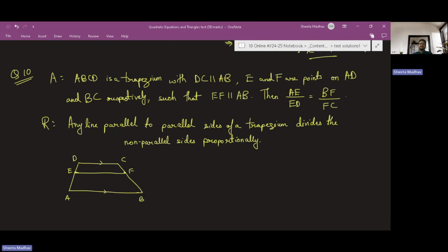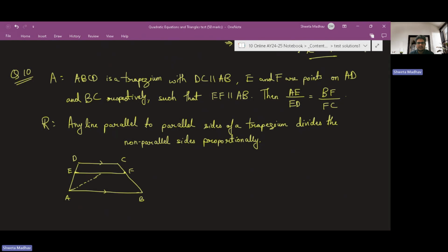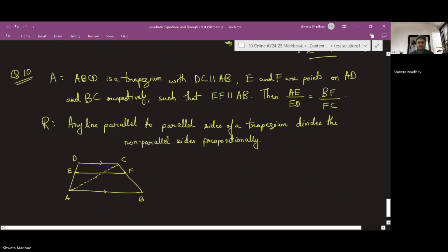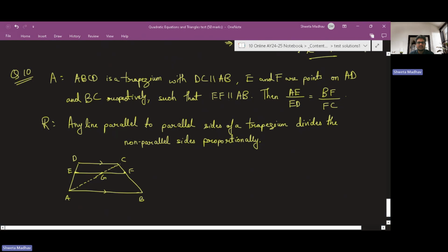Then we have to show that AE by ED is equal to BF by FC. So here what we can do, we can join AC, and suppose AC intersects EF at the point G.